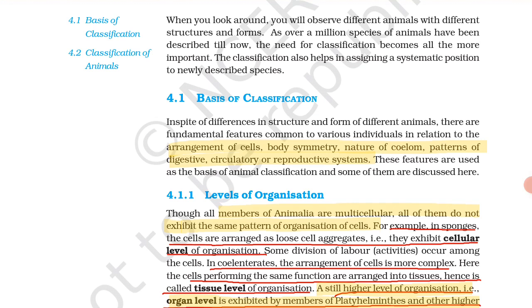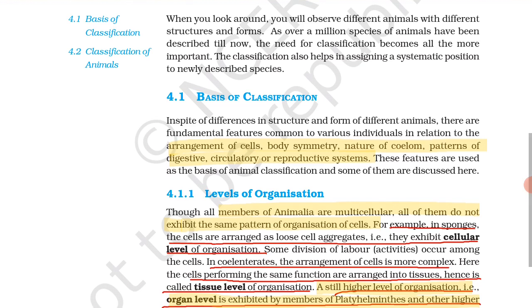In spite of differences in structure and form of different animals, there are fundamental features common to various individuals in relation to arrangement of cells, body symmetry, nature of coelom, pattern of digestive, circulatory and reproductive systems. These features are used as the basis of animal classification and some of them are discussed here.